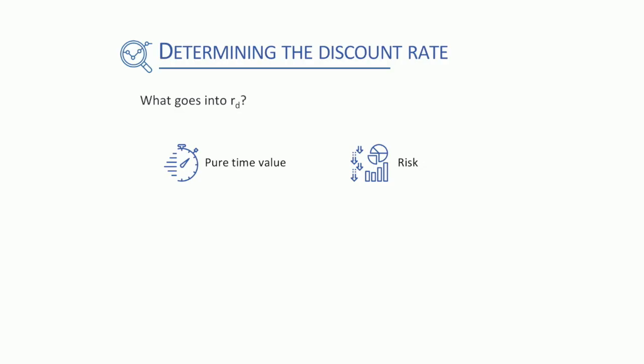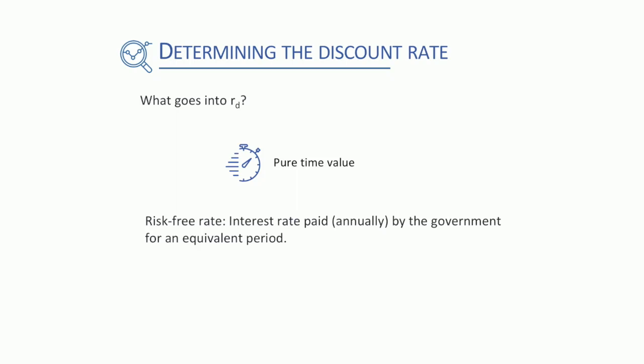So we want to know by how much we need to adjust cash flows because of the fact that they are risky. So let's start with the pure time value of money.